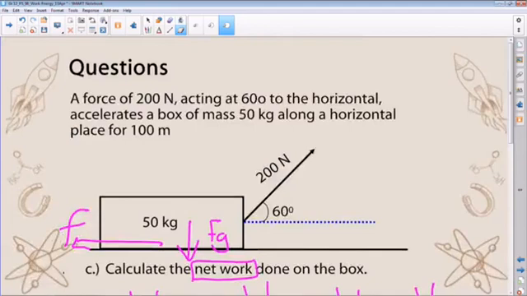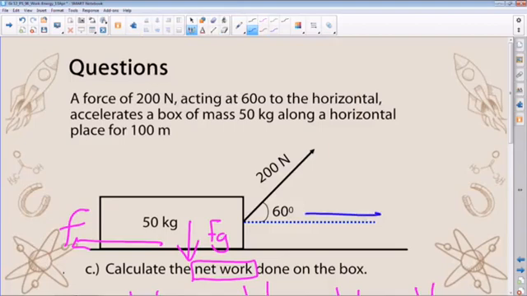That means when I'm looking at the net force horizontally, I need to consider the force that's moving in that direction. So in other words, I need the horizontal component. And I'm hoping some of you are going to catch this. The horizontal component is the force times cos theta.